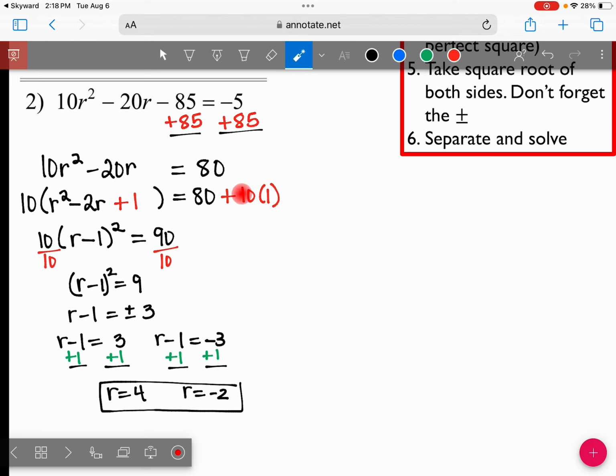But on this side, notice I didn't add 1, I added 10 times 1. You got to factor this one down to r minus 1 squared. Divide both sides by 10. Take the square root. Now we have a perfect square. So the square root is just 3. Separate and solve.